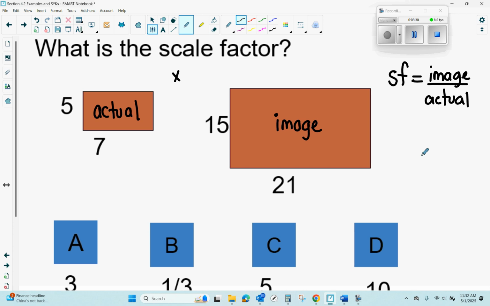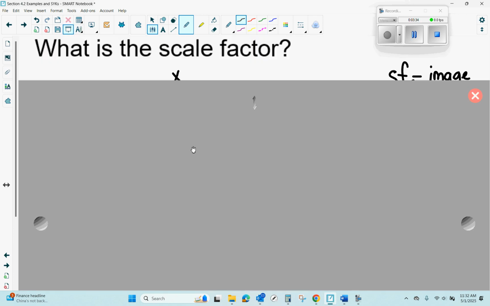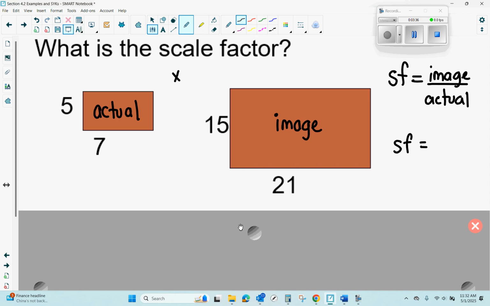Okay, so what's the scale factor here? And there's actually answers down below, but you can ignore those for a second. What is the scale factor? So you're going to pick any length. So maybe you're going to pick the bottom length. On the image, it's 21. On the actual, it's 7. My scale factor would be 21 divided by 7, which would be a scale factor of 3.